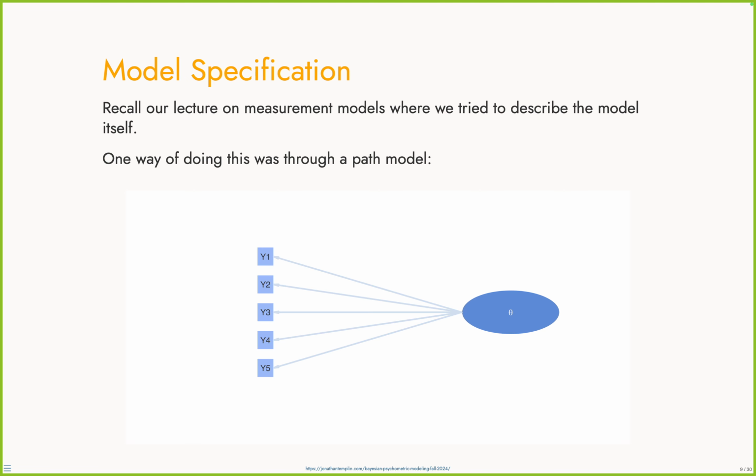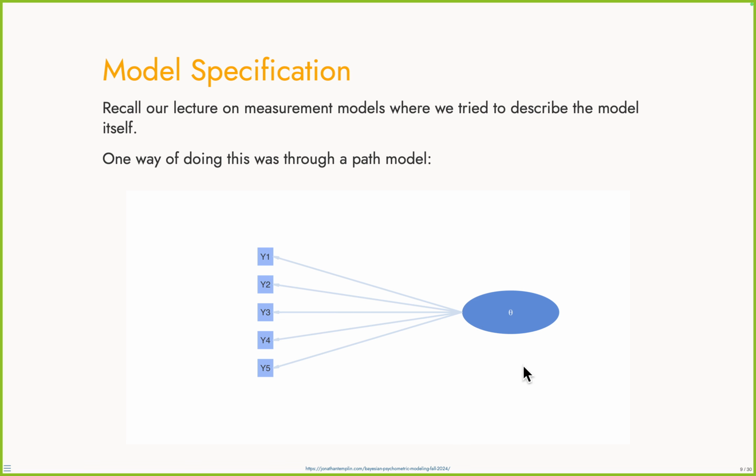Mostly? All right. So if you recall our first lecture on measurement models, we tried to describe the model with a path diagram, right? And so often we use the path diagram to describe our model. There are many, many conventions on how to draw a path diagram, but I'm going to use the following.